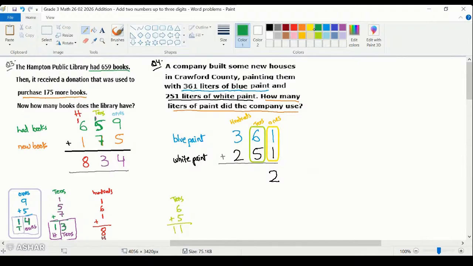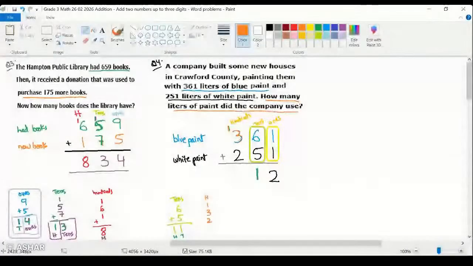So we can say 11 tens can also be written as 1 tens and 100s. So how many hundreds do we have now? 1 plus 3 is 4, 4 plus 2 is 6. We have 6 hundreds.